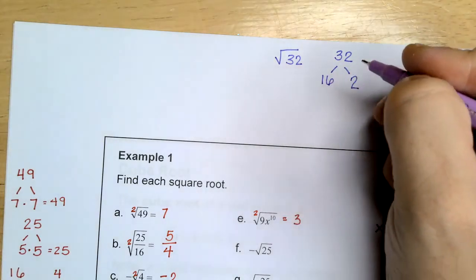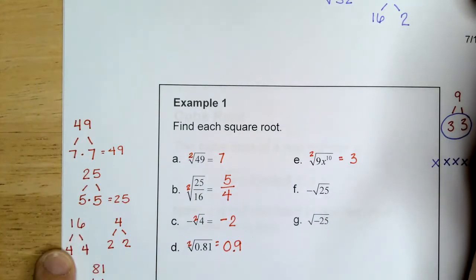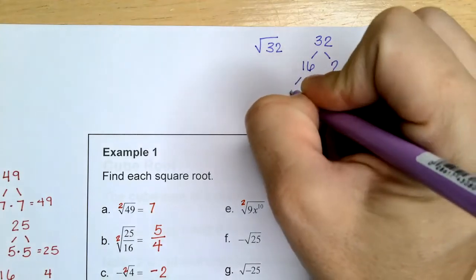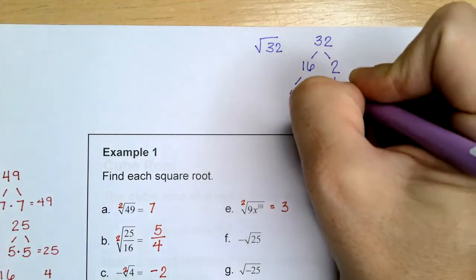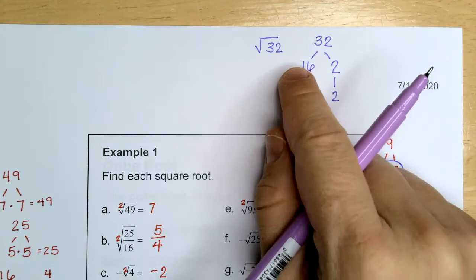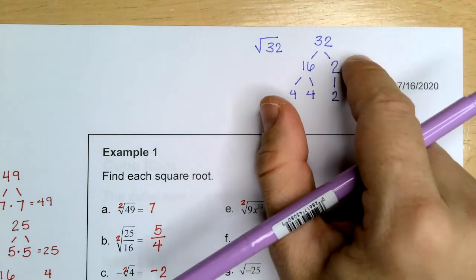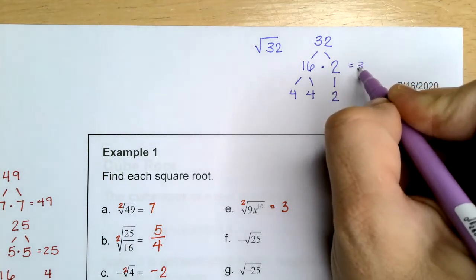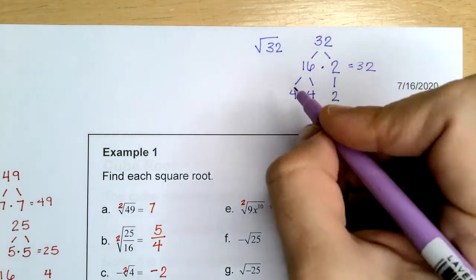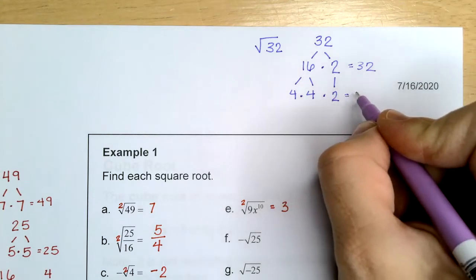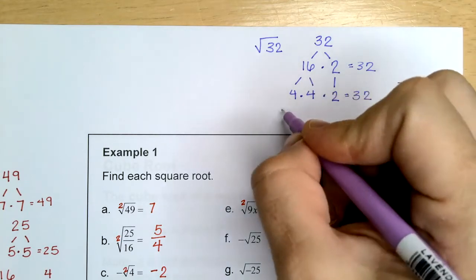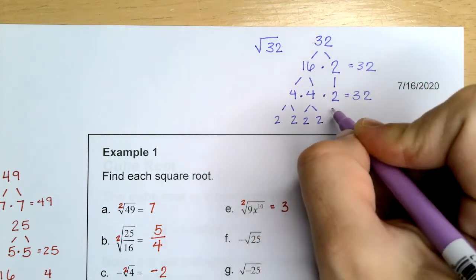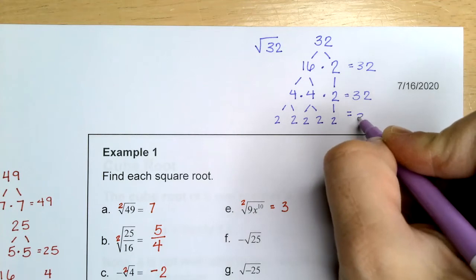I know that 16 has 2 factors that are the same, 4 and 4. And if you note, every line of a factor tree, if you multiply it, you get your top number. 16 times 2 is 32. 4 times 4 times 2 is also 32. You can also go 2 times 2 times 2 times 2 times 2 is 32.